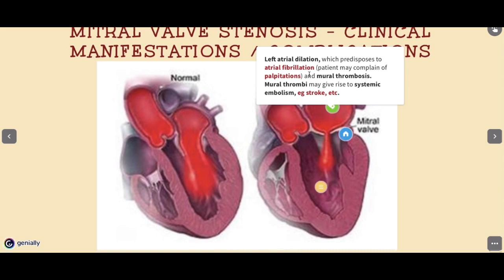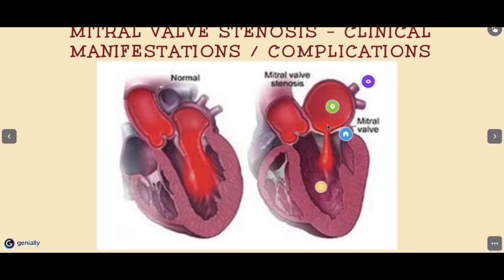So if the patient has atrial fibrillation, they may complain of palpitations. If the patient develops mural thrombosis, then it is important to remember that mural thrombi can give rise to a variety of systemic embolism such as stroke.